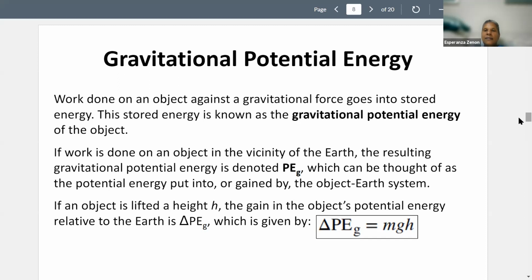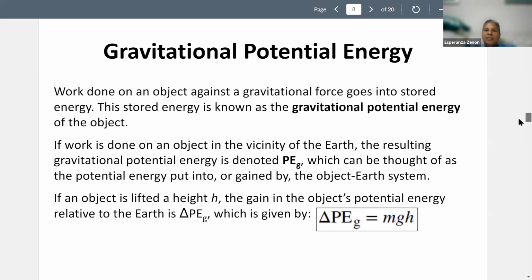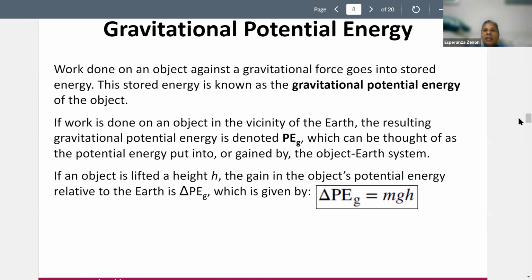I like to call gravitational potential energy energy by virtue of position, because as an object's height changes, it stores up or releases gravitational potential energy. Whereas kinetic energy is often referred to as energy of motion, because you look at how the velocity changes.